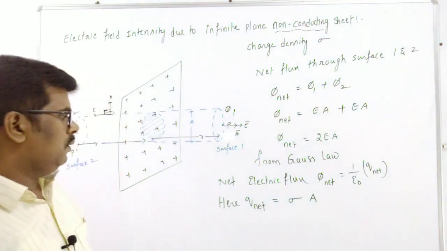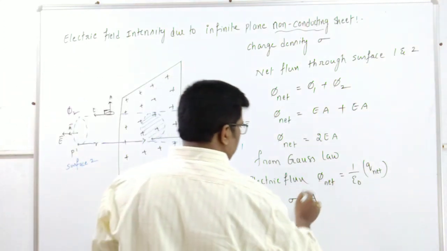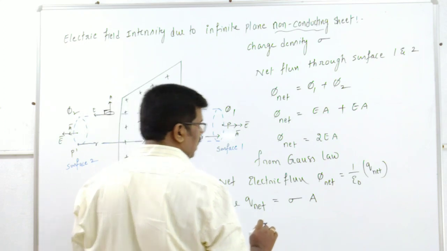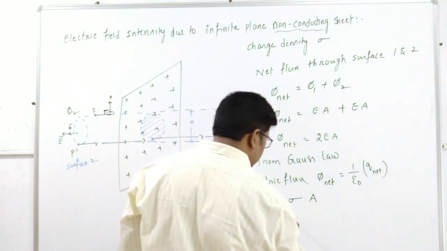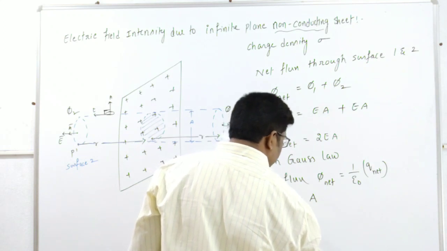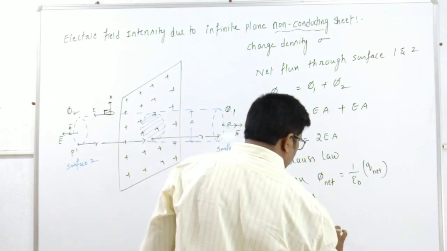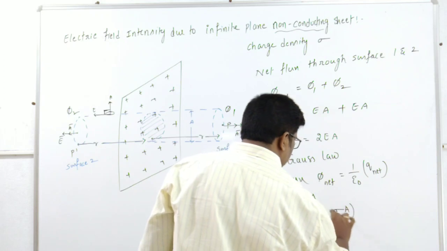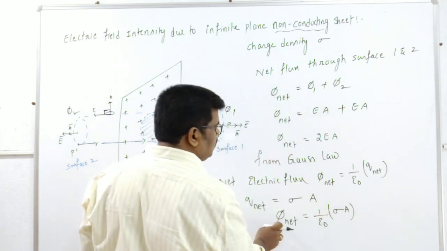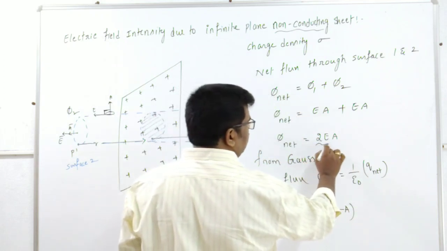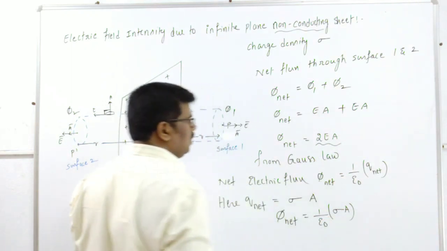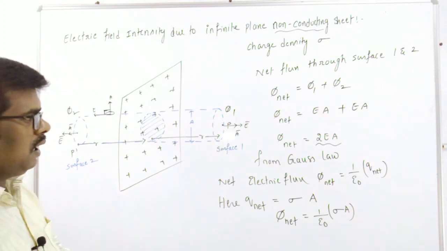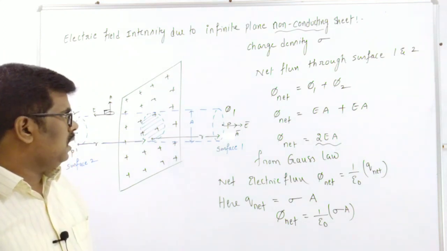So now if you substitute that, phi net is 1 by epsilon naught times sigma A. Already from the flux, the net flux is nothing but 2EA. So 2EA equals 1 by epsilon naught times sigma A. Then we can get the electric field intensity expression like this.